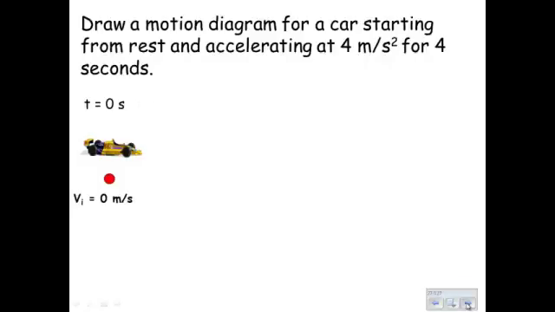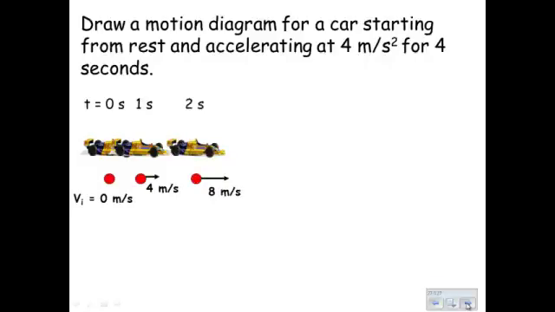So by 1 second, your velocity will have increased by 4 meters per second. By 2 seconds, your velocity again will have increased from 1 second by another 4 meters per second. So 4 meters per second plus 4 meters per second would give you 8 meters per second.